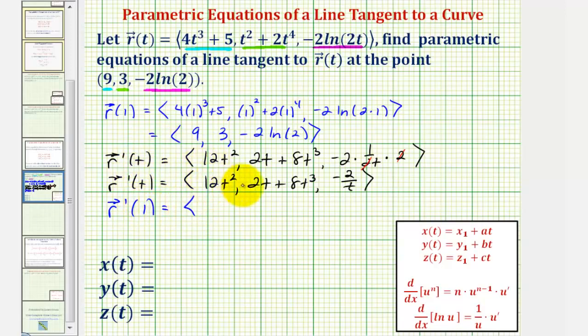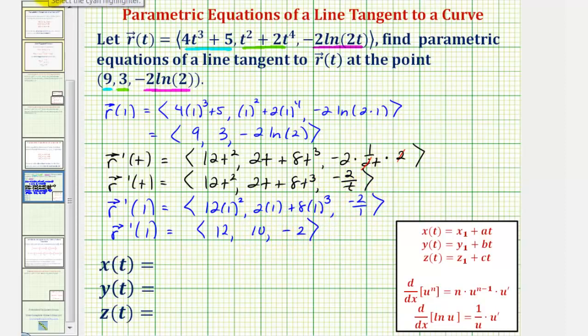So we'd have an x component of 12 times 1², a y component of 2 times 1 + 8 times 1³, and a z component of -2 divided by 1. So our tangent vector, r prime of 1, has an x component of 12, a y component of 10, and a z component of -2.